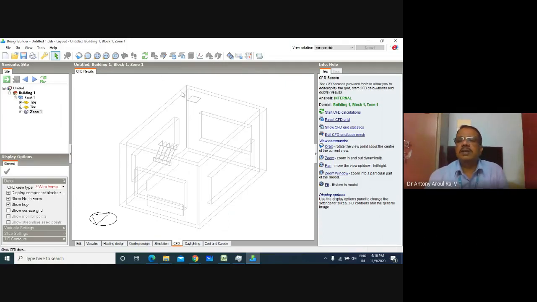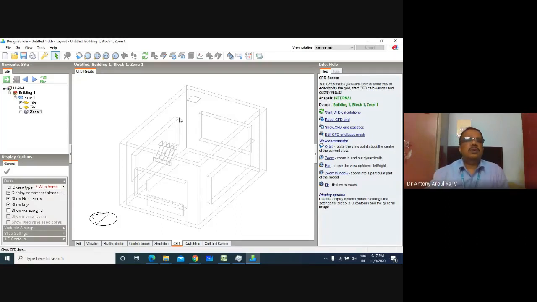That is what we have seen. And the boundary conditions are already given to the problem. If you have a conditioned room, inside it the AC throw will be there. Similarly, outflow will be there. The wall will be at high temperature. All these boundary conditions are given to the problem.